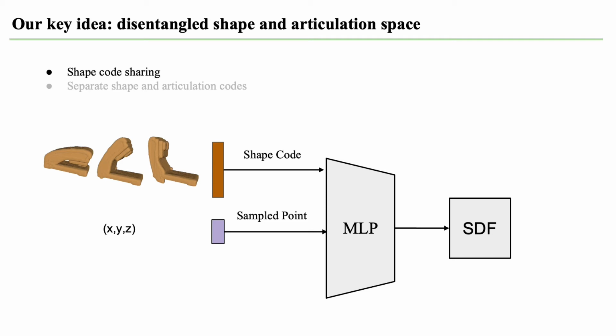Shape code sharing encourages the shape code to only capture part geometry. To capture the articulation variances, we further input the model with articulation codes. The insight is that even though the shapes look quite different for different articulations of the same instance, a good representation should capture this variability in a low-dimensional space.